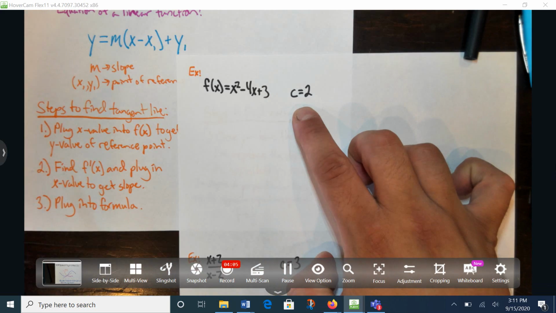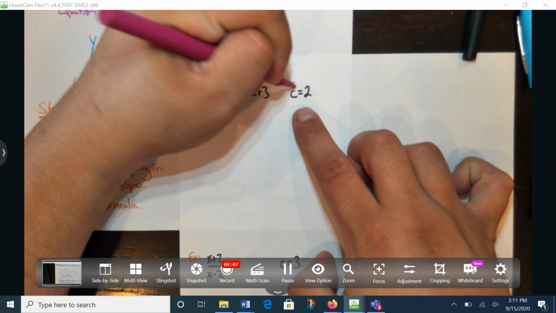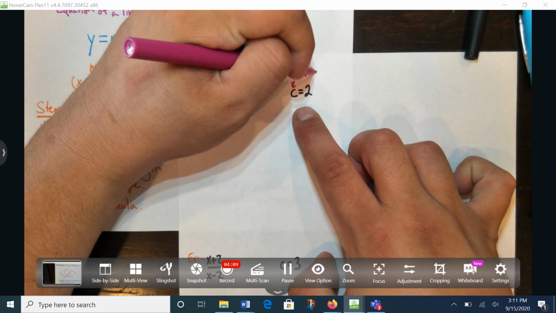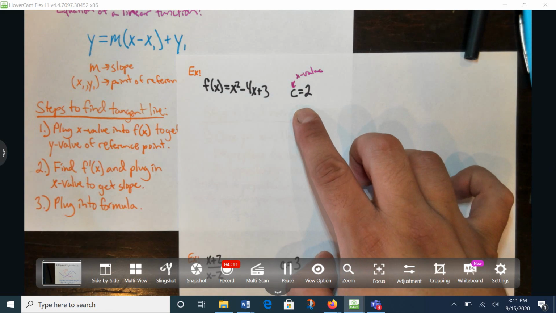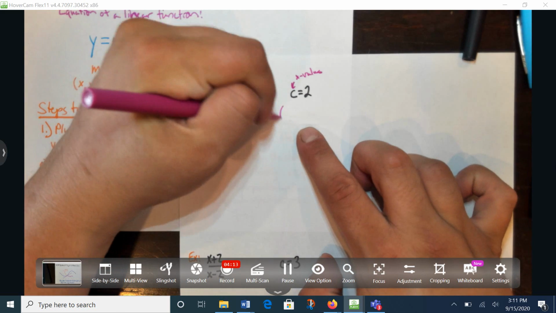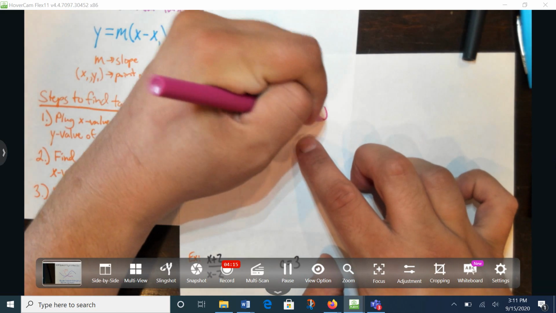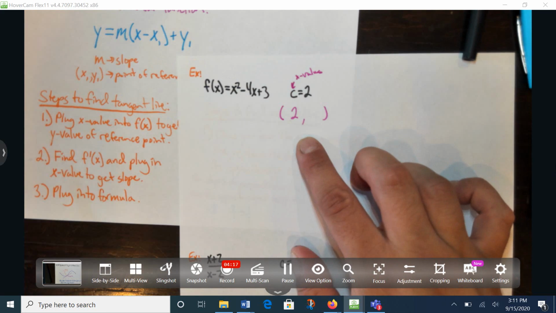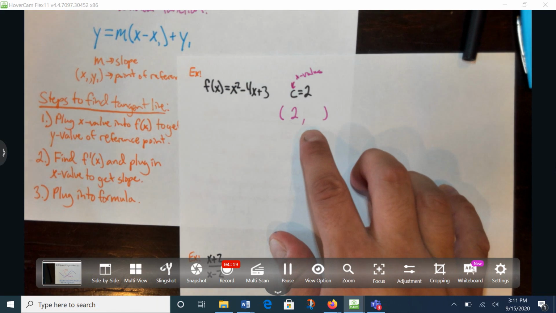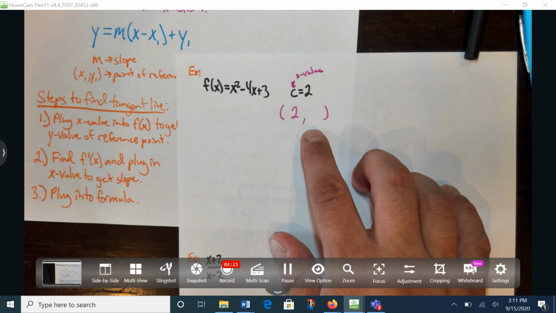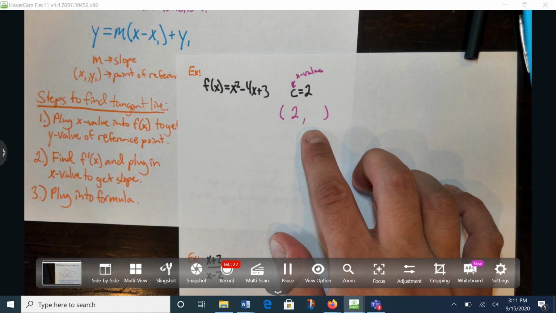So that's actually going to be the x value of our reference point. It's going to be 2 comma something, where our tangent line will touch the curve, or better put, it'll be the place on our curve that we want a tangent line to.